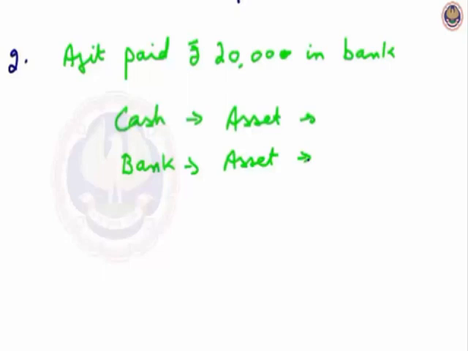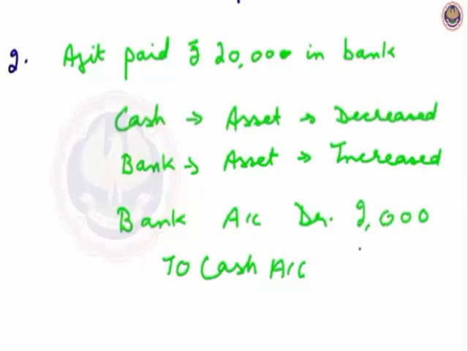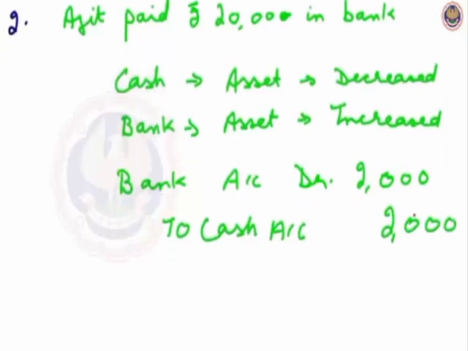When we deposit cash, cash is decreased, and the bank balance is increased. Bank is an asset. Increase in an asset is always debited. So bank account debit to cash account. The amount is 2,000.